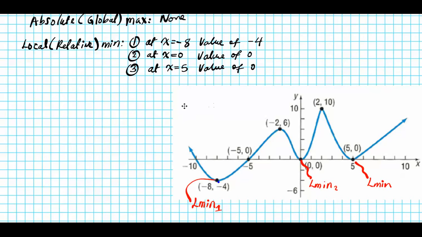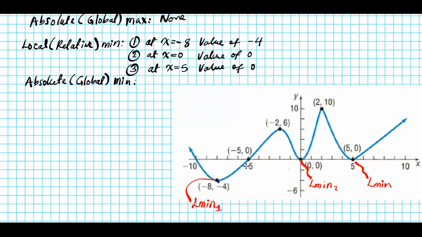Okay? Now, do we have an absolute or a global minimum in this graph right here? The answer is yes. Notice that at the end behaviors, they're increasing forever.